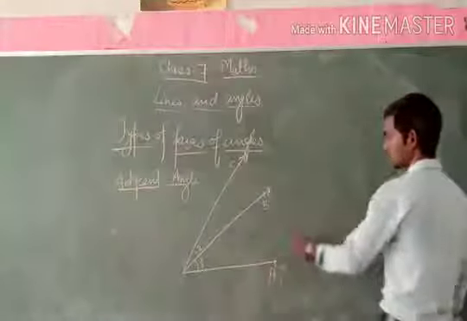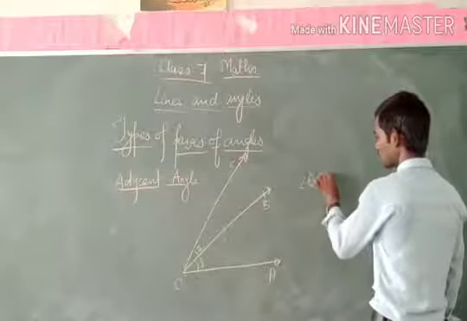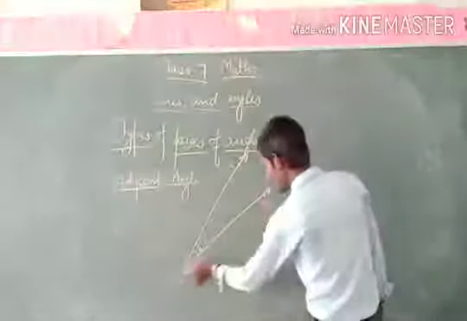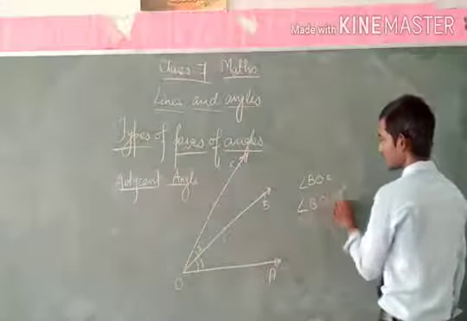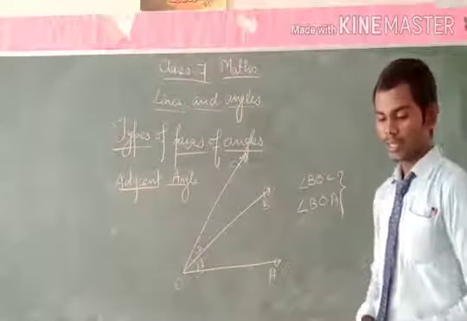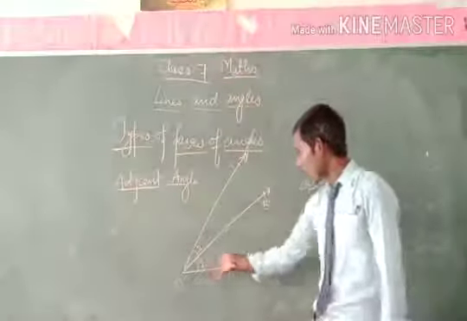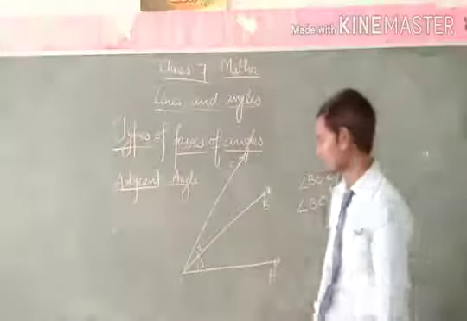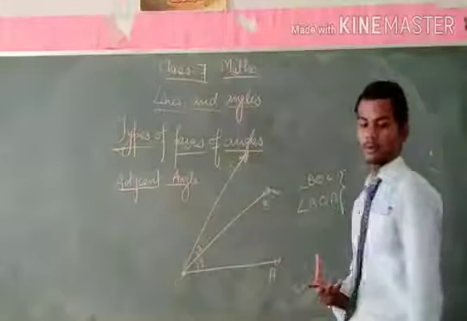Here we can see that in this figure angle VOC and angle BOA are adjacent angles as they have a common side OB and the common vertex O. The vertex O is the corner point, and the side OB means the arm OB.